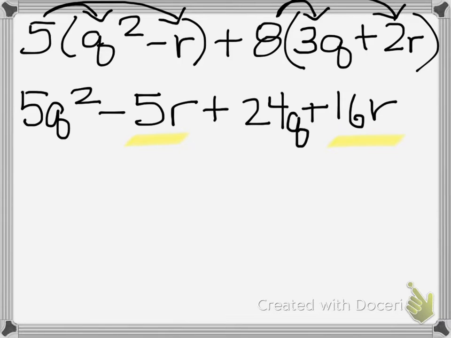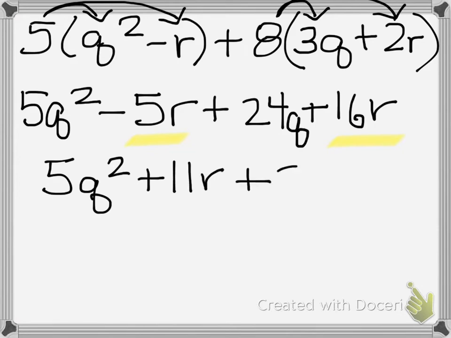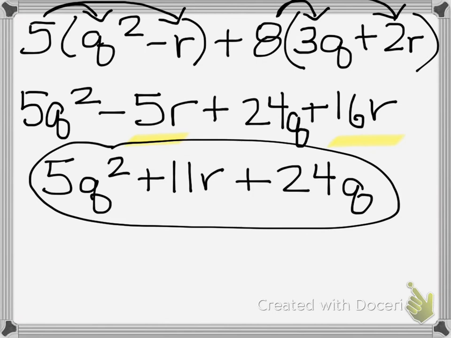And remember, we can't combine the q squared with the q because they have different exponents. So the only thing we can combine is the negative 5r plus 16r, which is going to give me positive 11r. And this would be as simplified as I can get.